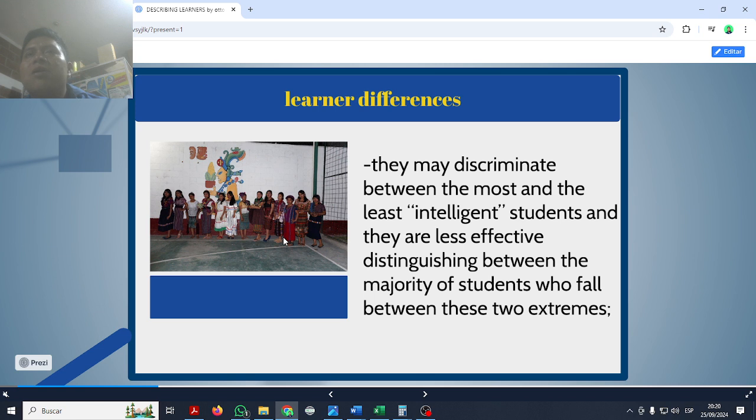For example, they may discriminate between the most and the less intelligent, but it's very important to discuss this situation when it is present in our classroom.